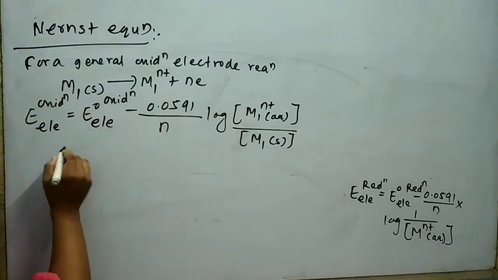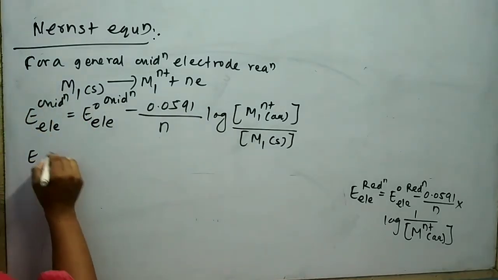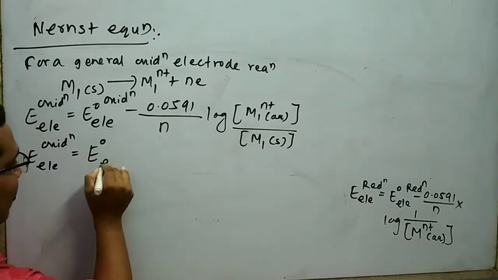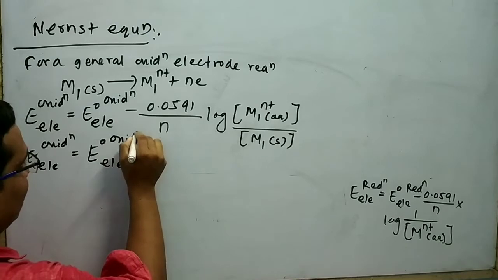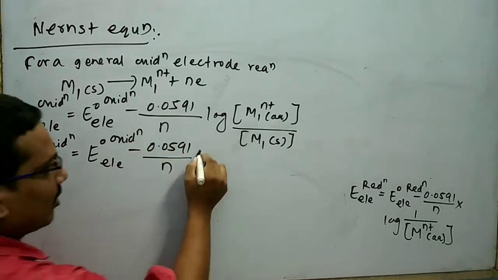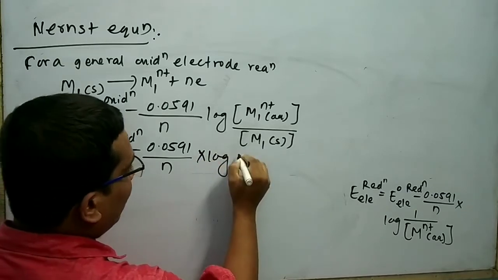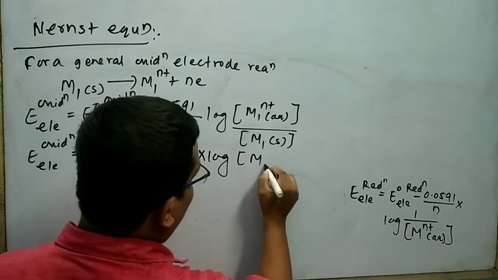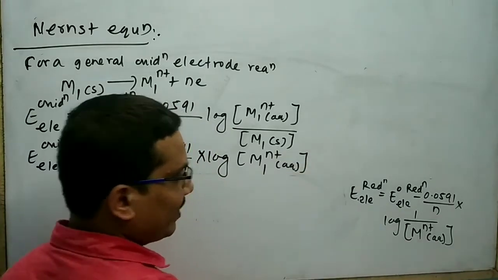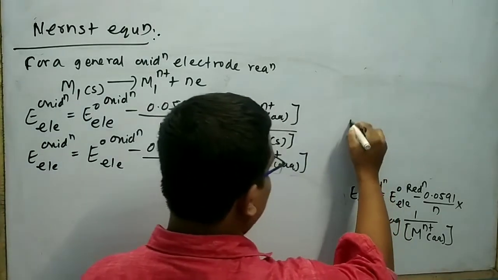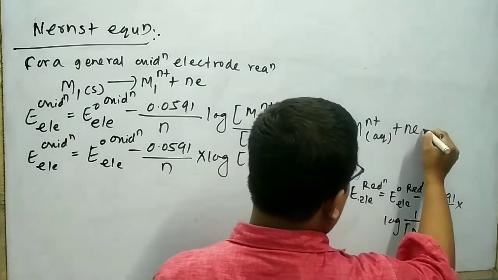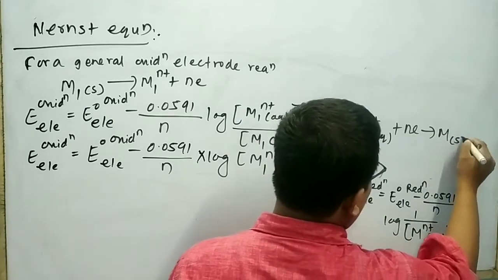So I can write E electrode oxidation equal to E0 electrode oxidation minus 0.0591 divided by n into log of concentration of M1 n plus aqueous. This Nernst equation is written for the reaction M n plus aqueous plus n electron gives M solid.